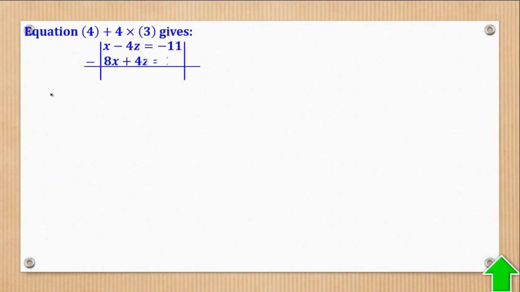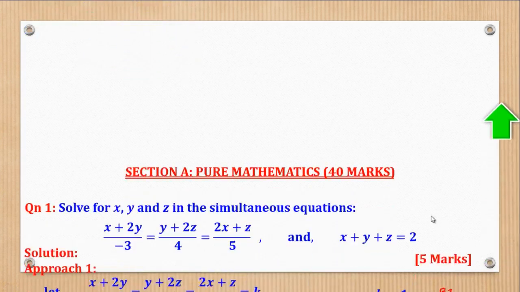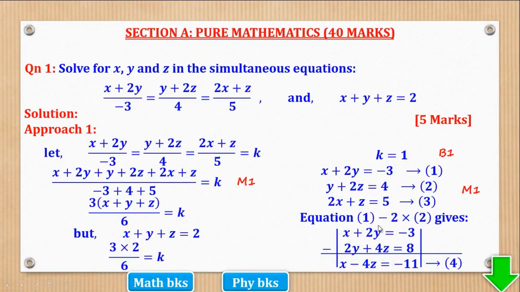So in equation 3 and equation 4, I've chosen to eliminate z by multiplying through 4 throughout equation 3. Remember, if you look at this equation 3, here if I want to eliminate z, here there is z, but here there is 4z. So I have to multiply 4 throughout equation 3. That is why you are seeing me here.